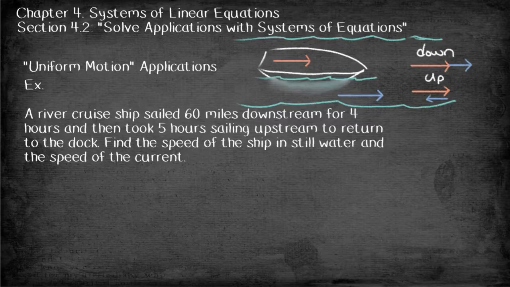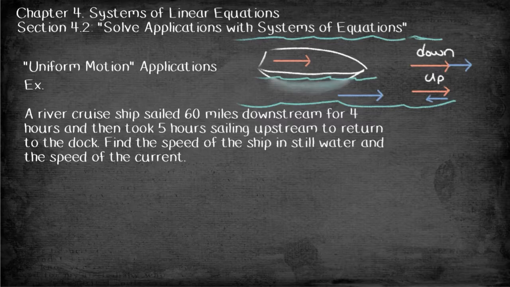But when the boat is going upstream, the current is pushing against the boat. So the boat is going to be going slower upstream than it was downstream. And what we want to figure out is the speed of the ship in still water and the speed of the current, which I've kind of represented with the red-orange arrow and this blue arrow.